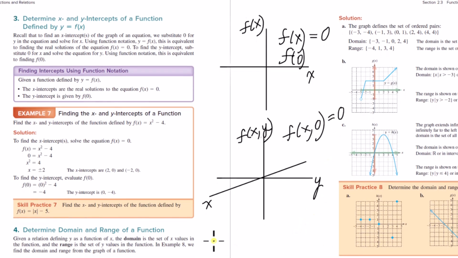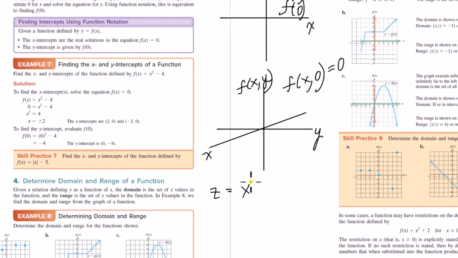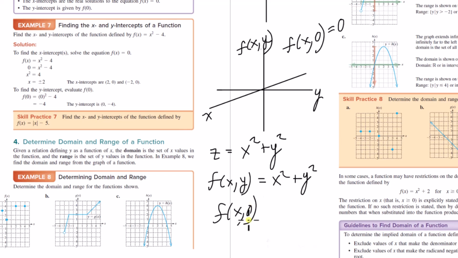If you had z equal to x squared plus y squared, or f of x, y equal to x squared plus y squared, to find the x-intercepts, you need to set z equal to 0 and y equal to 0. That's exactly what this means. You're setting y equal to 0, leaving x untouched, and also setting z equal to 0. And then you just need to solve that equation.